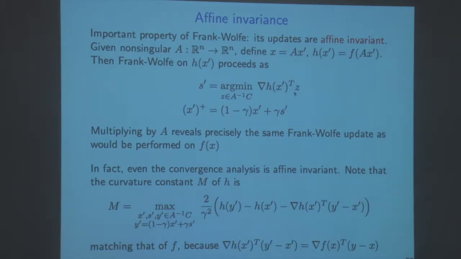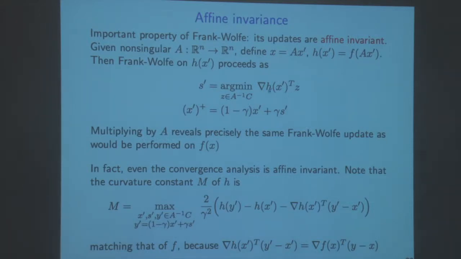It's not hard to see, because if we were to take the gradient of our function with respect to x prime, then by the chain rule, that's A transpose times the gradient of f with respect to its argument evaluated at A x prime.